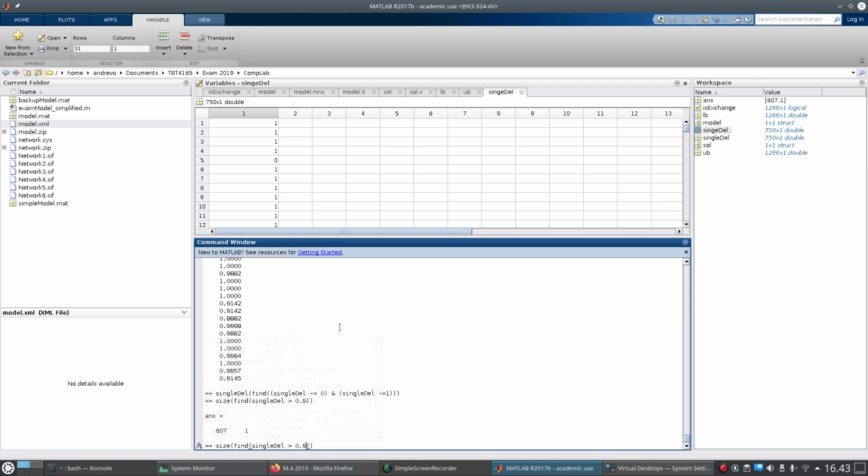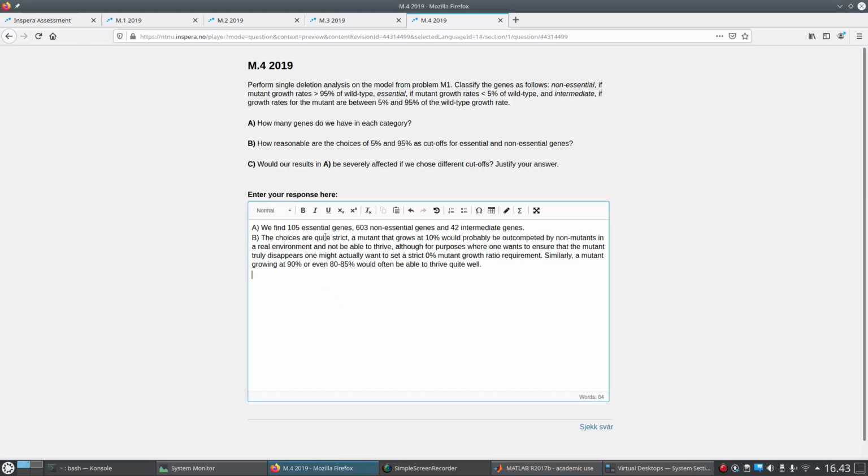And if we do it the other way around, if we try to find the number of single gene deletions where the fitness is less than 0.1 instead of 0.05, as we said earlier, we still have the 105 that we found previously.